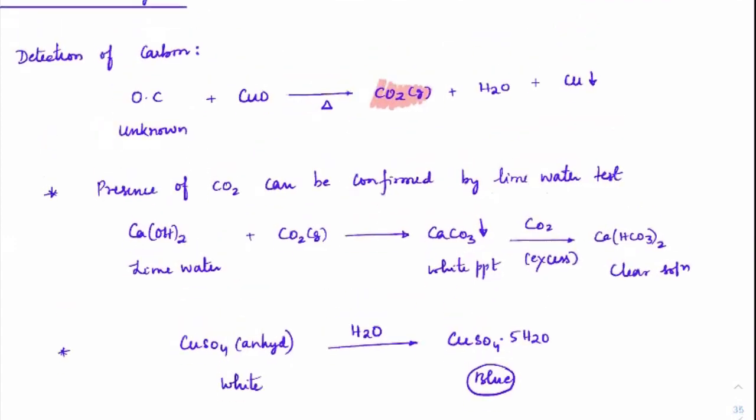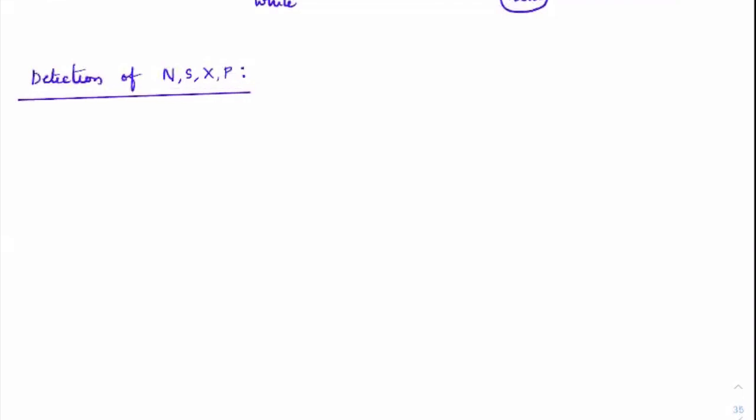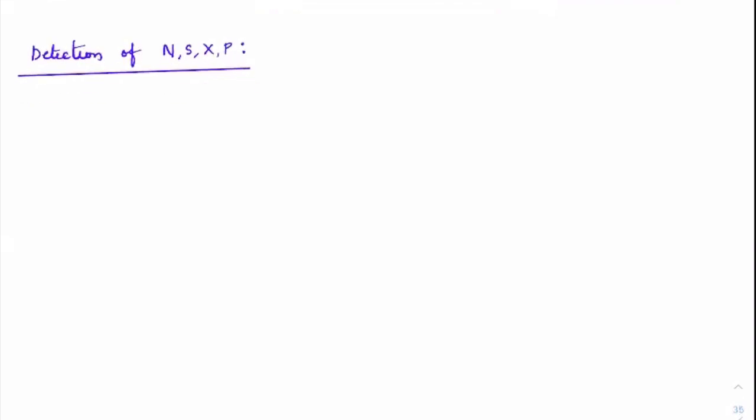Now, the next important topic is the detection of nitrogen, sulfur, halogens, and phosphorus. Most organic compounds have only these four categories: nitrogen containing compounds, sulfur containing compounds, halide containing compounds, and phosphorus containing compounds.